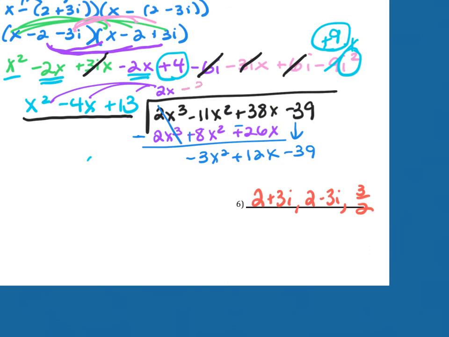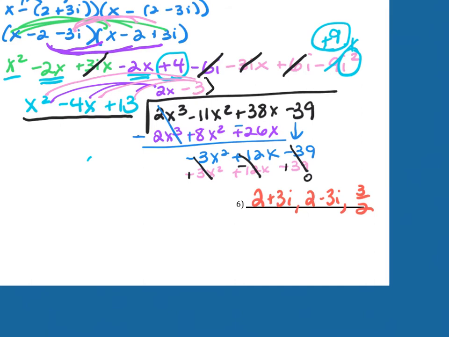This would have to get multiplied by a negative 3. Distribute to all three: negative 3x squared plus 12x minus 39. Change your signs. Cancels, cancels, cancels, which it's supposed to. If it didn't cancel there, remember, you know you have a mistake.